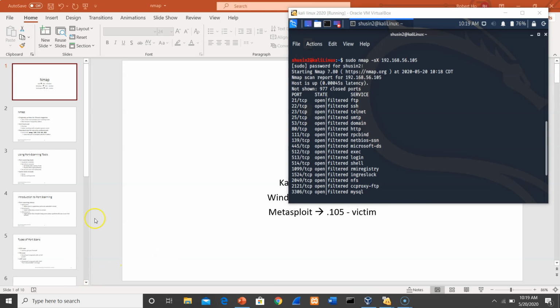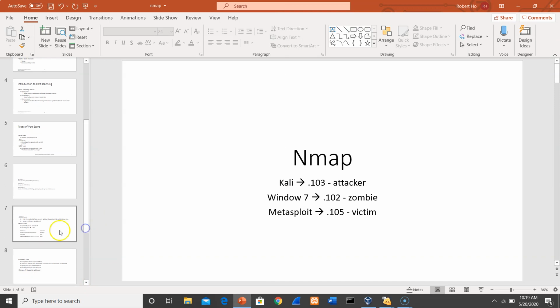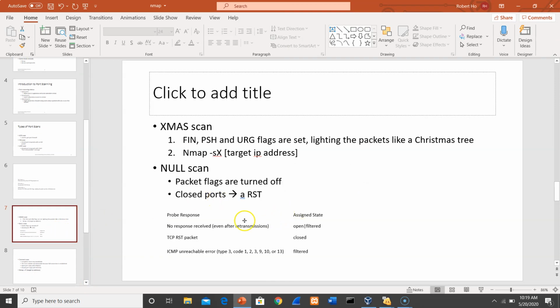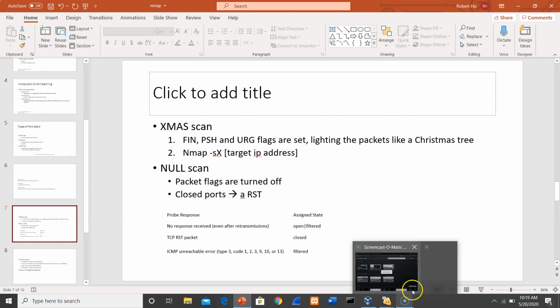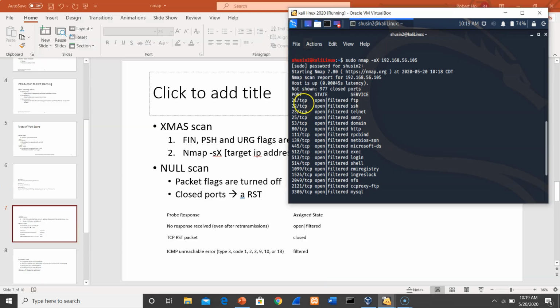As I mentioned on the slide, when I run the Christmas scan and there is no response, the state they give you is open|filtered. That means the scanning went through. All of these ports went through. The 977 closed ports will give us a reset packet.